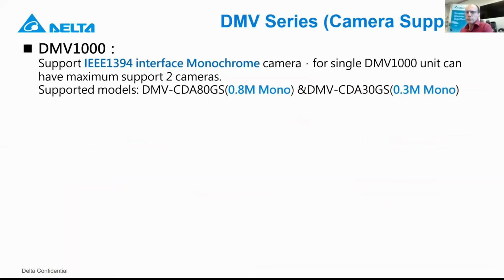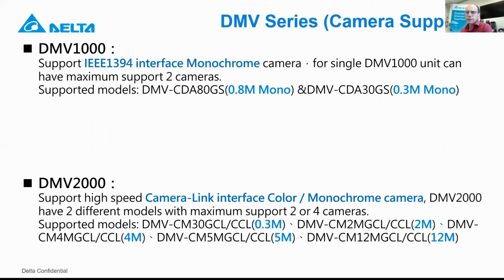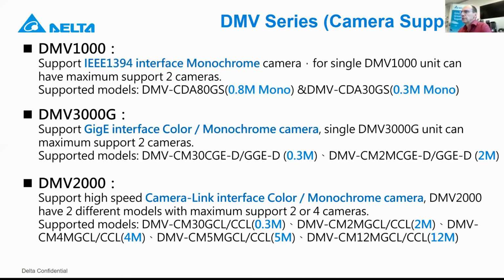Small overview of the communications between the camera and the controller. DNV1000, the communication between the camera and the controller is based on IEEE 1394. That means FireWire. We can only connect 0.8 and 0.3 grayscale cameras.